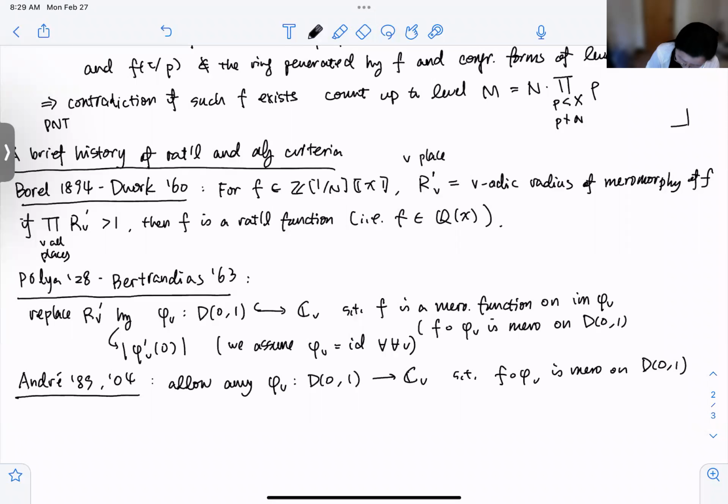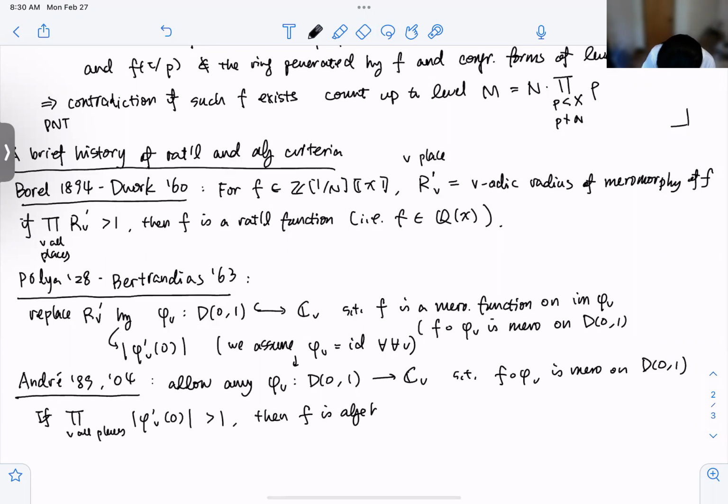Still with the identical assumption, identity away from finitely many primes, if the product is greater than 1, then F is algebraic. Namely, F is algebraic over Q(x), or the powers of F are linearly dependent.